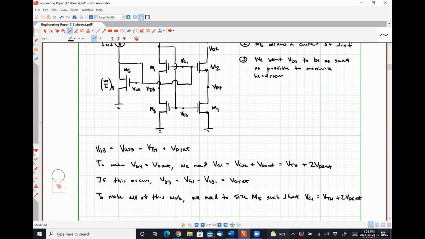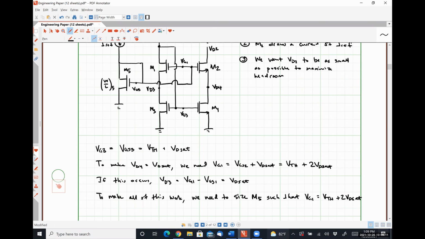That same voltage will appear at the gate of transistor M1, right? And that voltage VG1 is what we're trying to force to be this guy right here.